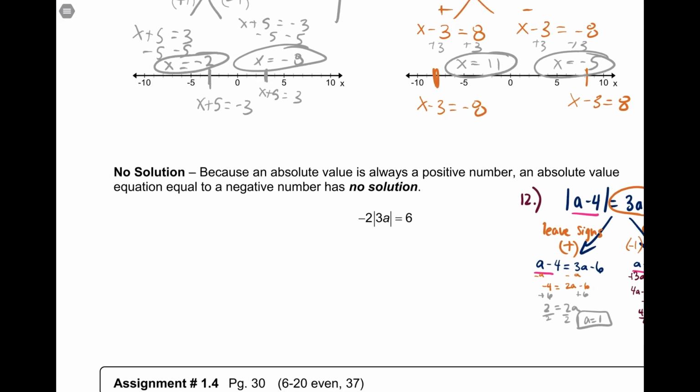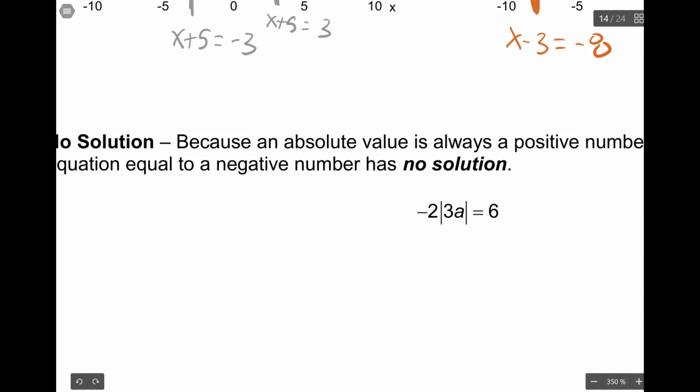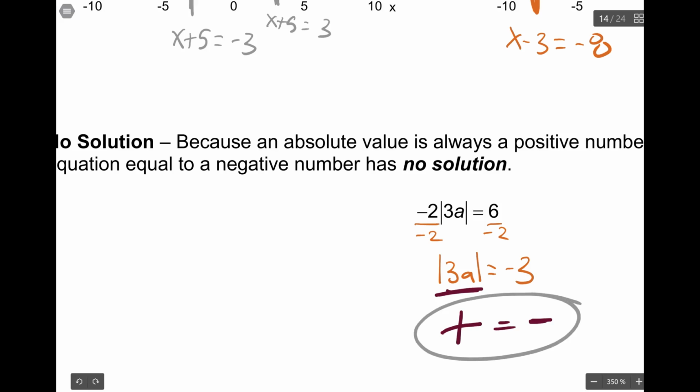So if you have a problem where, after we isolate the absolute value by itself, we have absolute value of 3a is equal to negative 3, ask yourself: can an absolute value, which will always be positive, ever equal a number that's negative? And the answer is no, it can't. So this actually has no solution. Because an absolute value can never be a negative number. Absolute values are always positive.